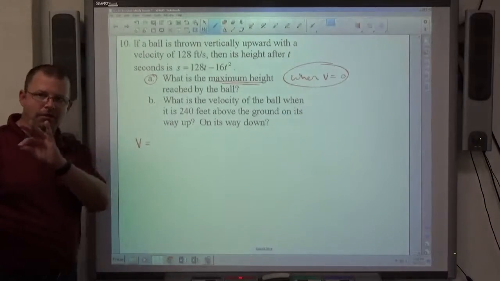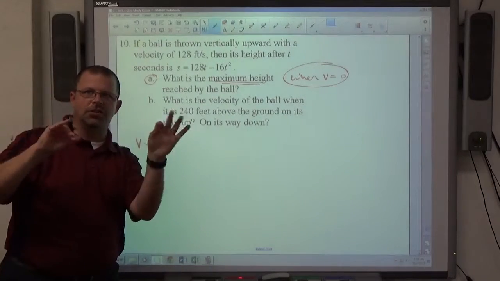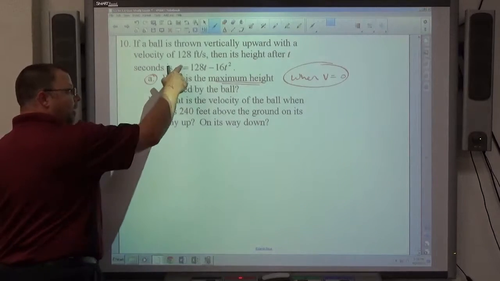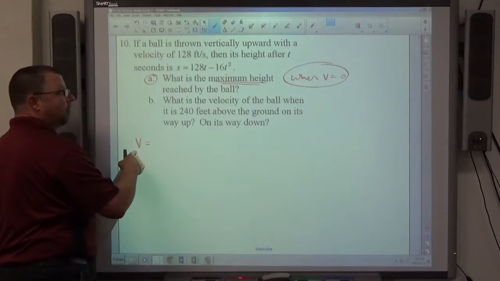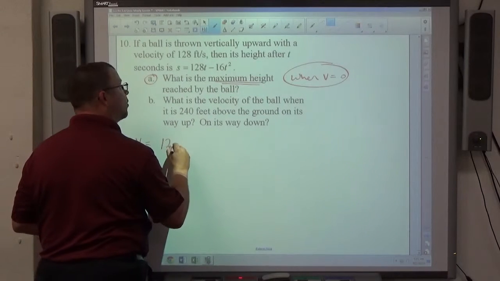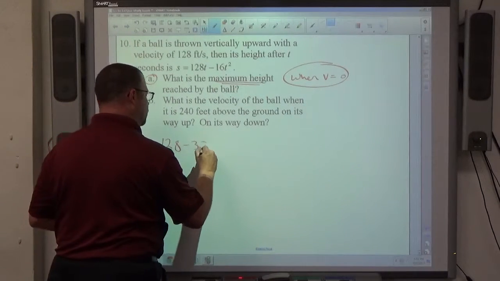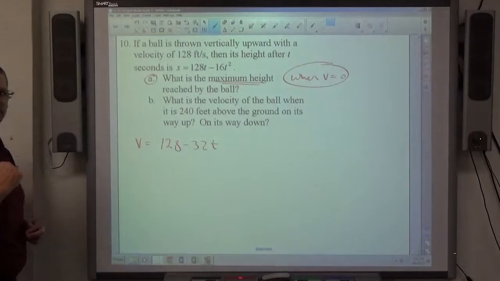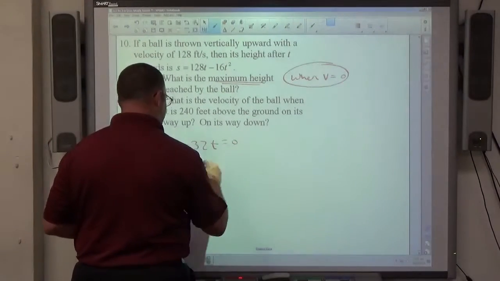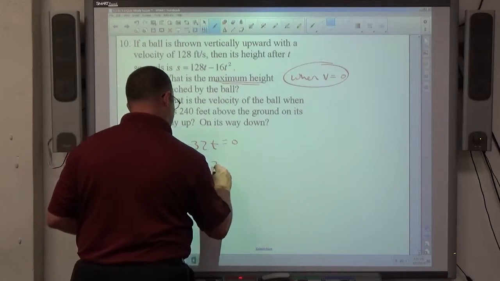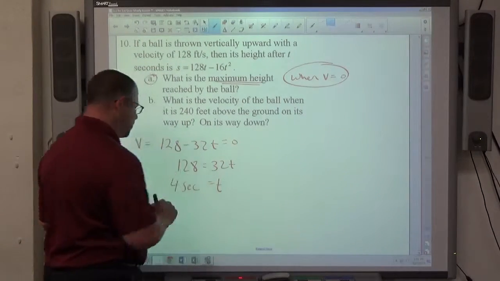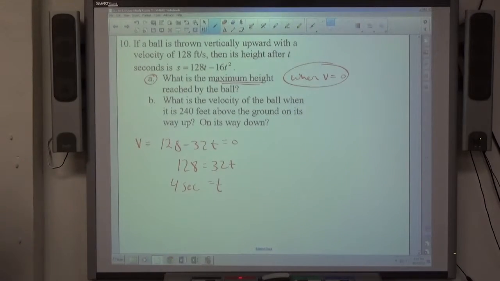So anytime you have a position versus time function, the derivative of the position variable is going to equal the velocity function. So 128 minus 32t is the velocity of this ball. If I set that equal to 0, I determine that at 4 seconds the ball should stop.